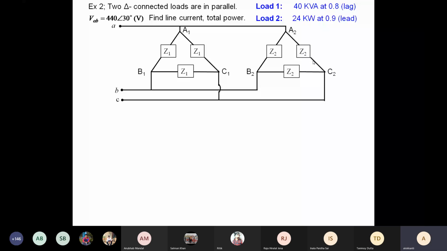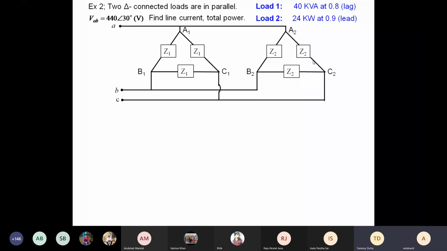Okay, and since this is three phase, power is given by what? In the alternating system, power is given in which form? If you remember the power triangle, S equal to P plus JQ. So there is one real active power and there is one reactive power.